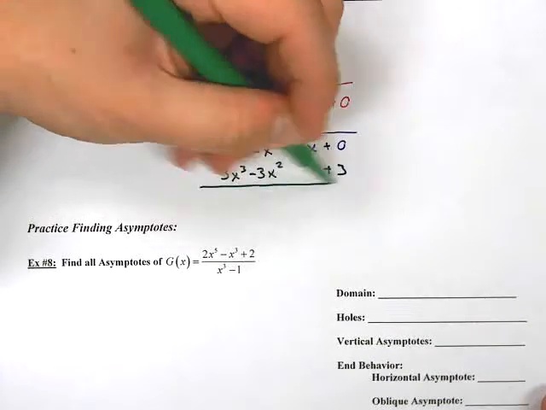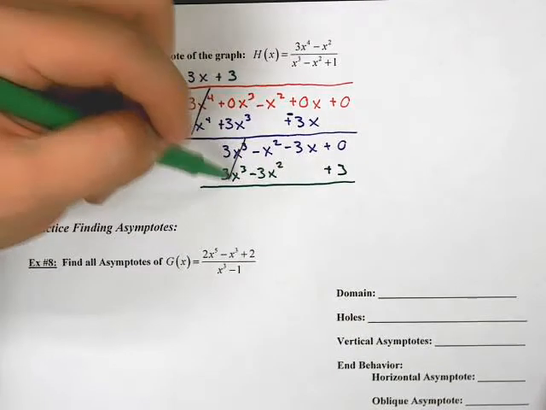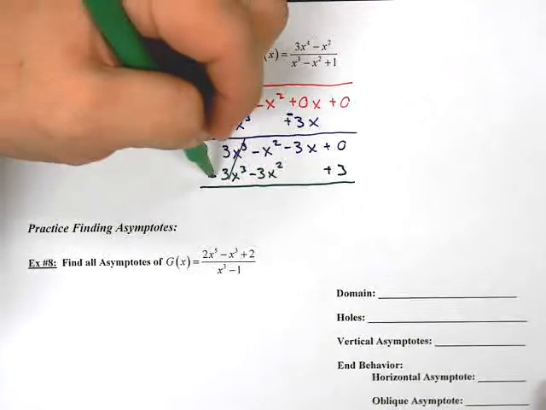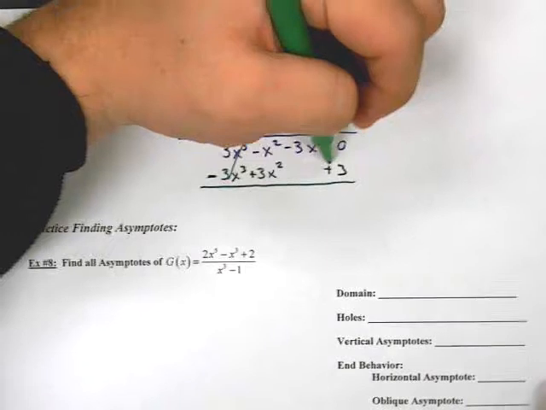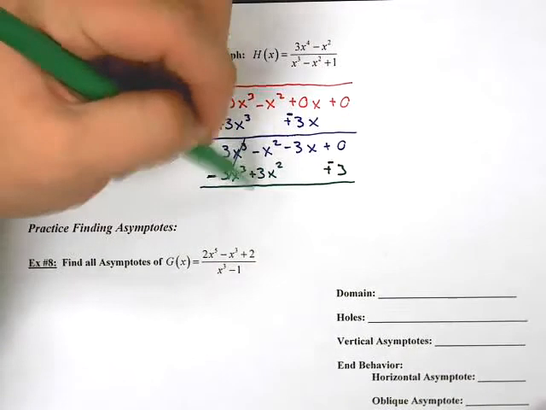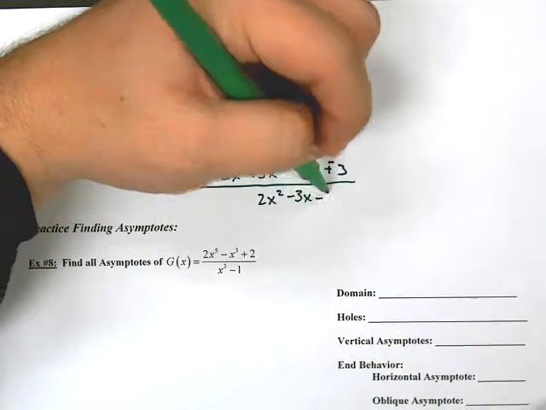I draw my bar, and I say cancel. Oh shoot, my bad, I forgot to change my signs. So I subtract, I add, and I subtract. Now they cancel. Now I get 2x squared minus 3x minus 3.